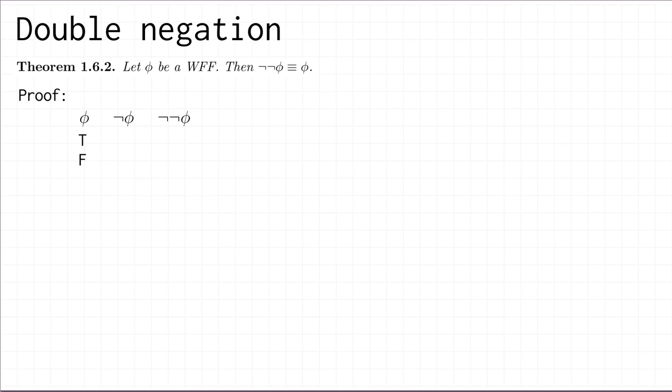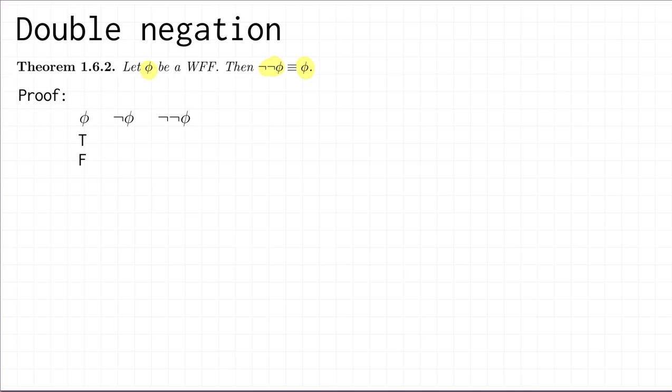The theorem that we've got here says that if you have a well-formed formula phi, then phi is logically equivalent to not not phi. So to prove that, what I have to do is to show that for any truth assignment at all, phi and not not phi have the same truth value. But we don't know which variables belong to phi. It could have one variable, it could have lots of propositional variables in it.